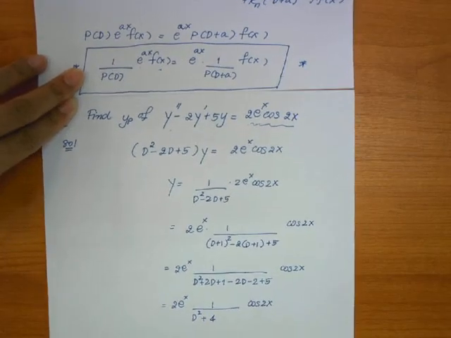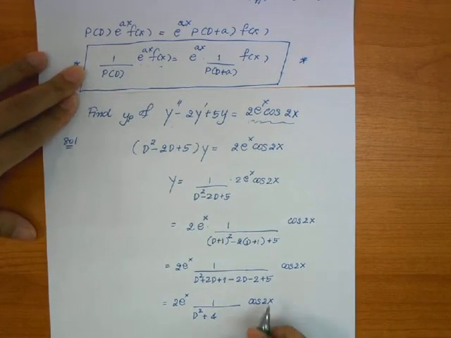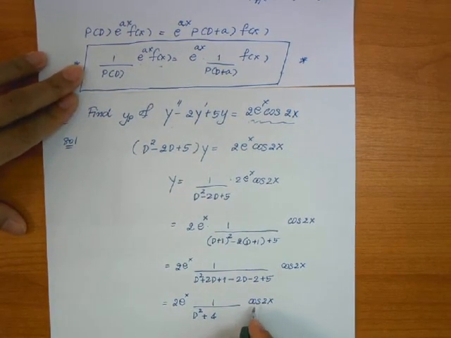Now, the next step is using case what? Case 4, right? For case 4, our a is equal to 2. It says that 1 over P(D squared) is equal to 1 over P(minus a squared).